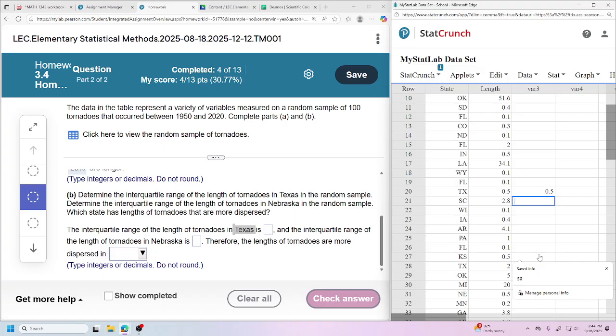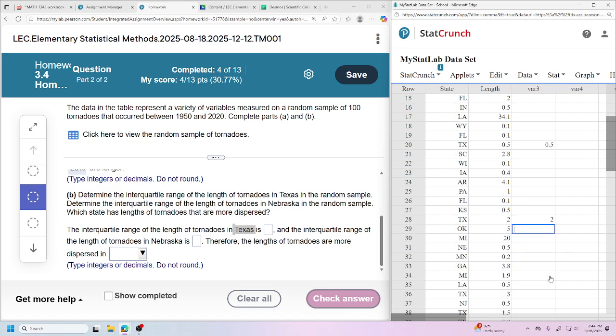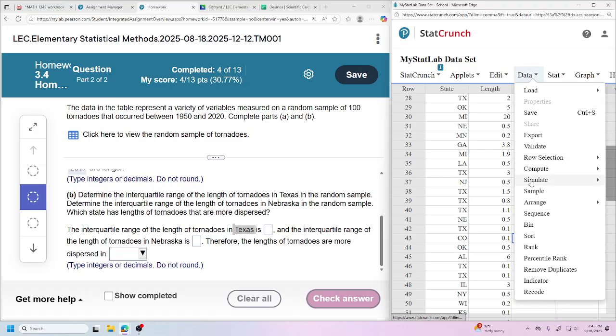So every time I see a Texas, you could. You're right. And you won't miss any. But I'm already halfway done. But you're right though.